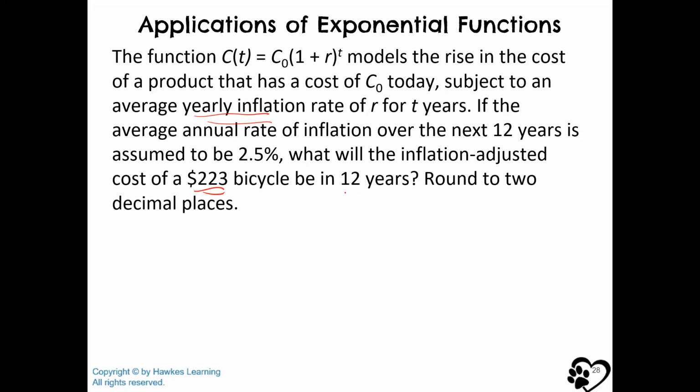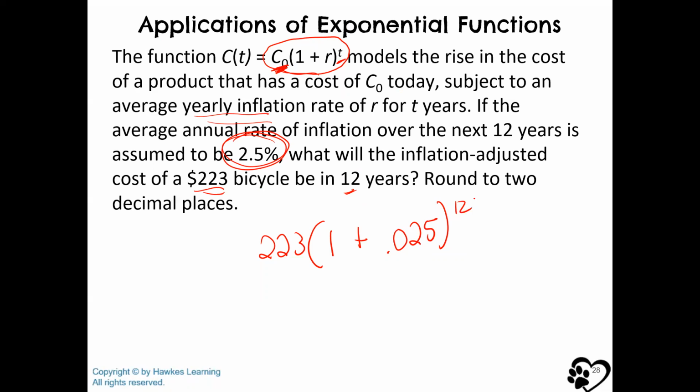All right, so basically we are plugging that information straight into this formula. So our biggest number is always C sub 0. So 223. 1 plus that rate must be in decimal form. So 0.025, and our time is 12.